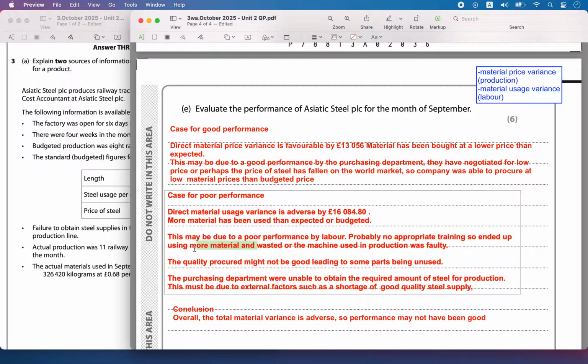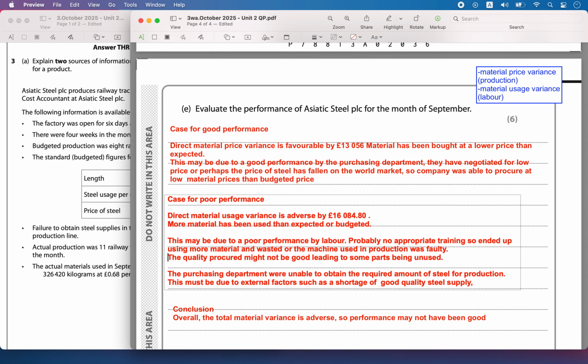Either the labor are not skilled and they have wasted the material, or the machinery used in production was faulty. You have to suggest like that. Or the quality of material procured might not be good and you have cut off some parts and not used them. That is what you will tell.